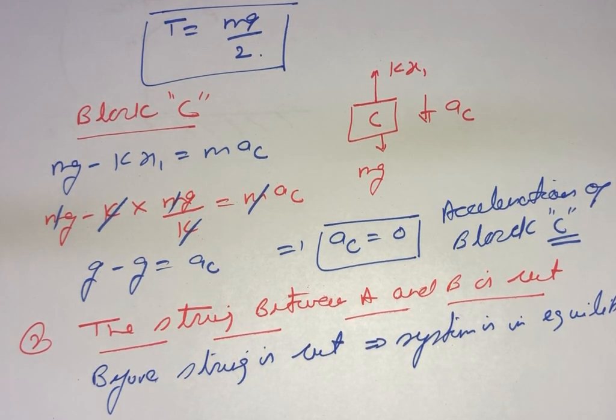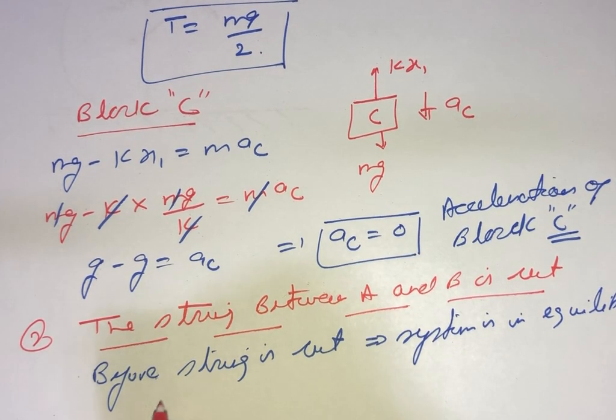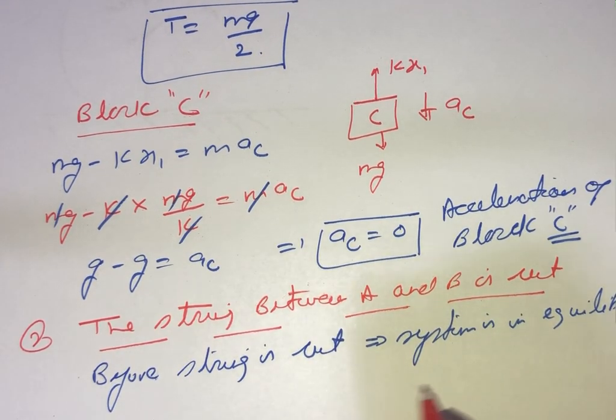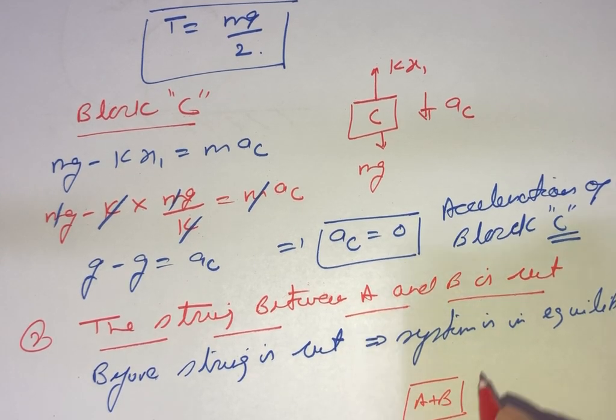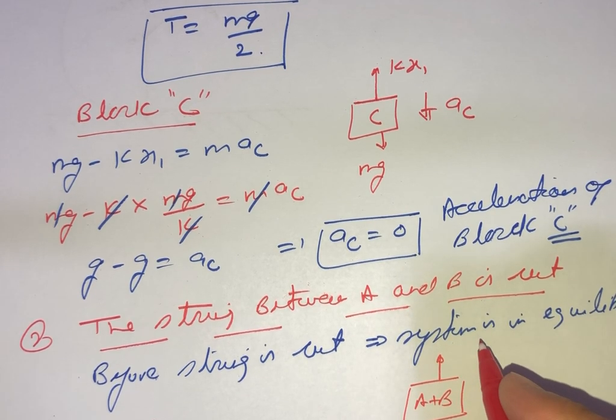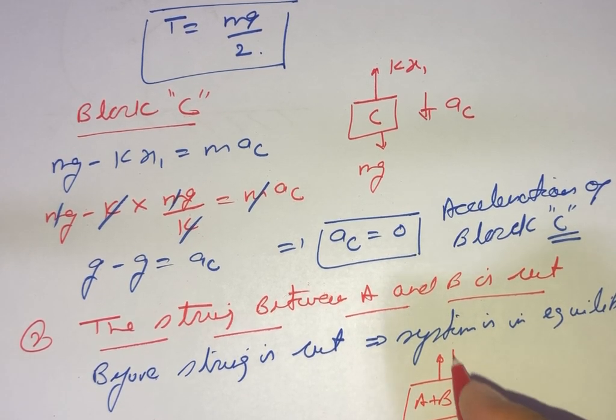So we can write that our combined system of A plus B, the upper spring is given as x2, so this will have kx2.